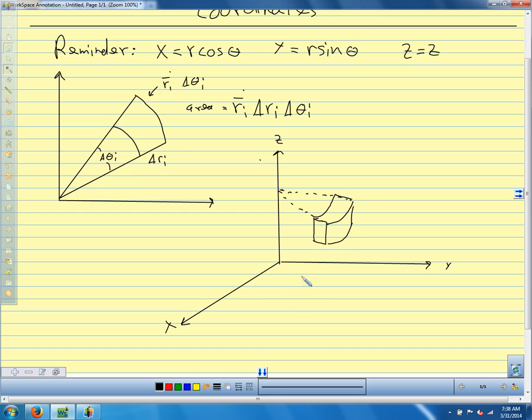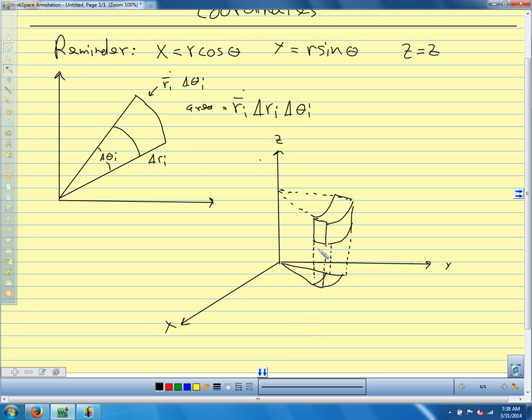And if we project this down into the xy plane, we get our region in polar coordinates. And there's our little polar rectangle in the xy plane.